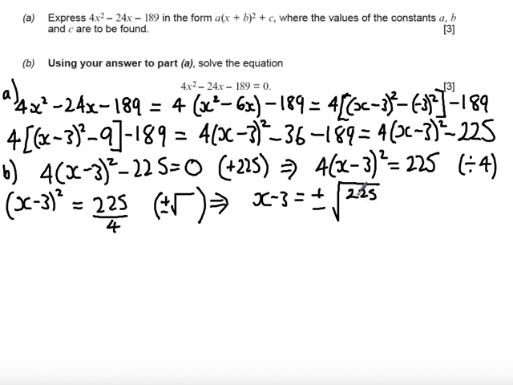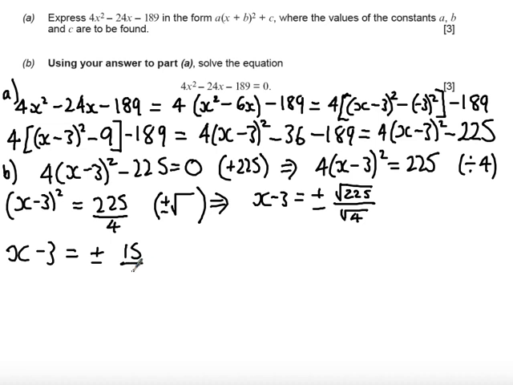225. Actually, let's rewrite that slightly. I can save myself a couple of steps, because we can rewrite this as a square root at the top and over the square root at the bottom. So square root of 225 over the square root of 4. Now hopefully you know your square numbers and know that x minus 3 will then be equal to square root of 225 is 15.